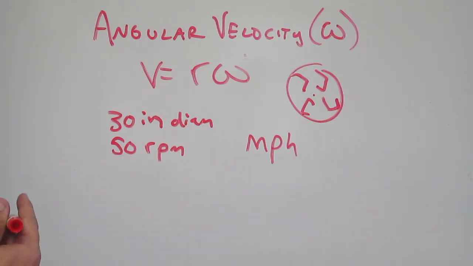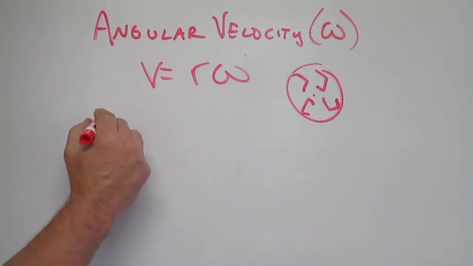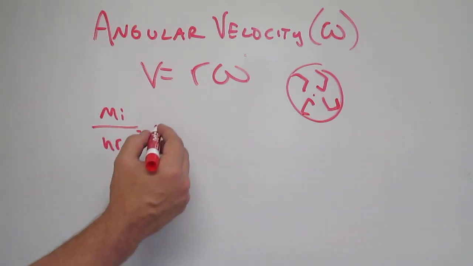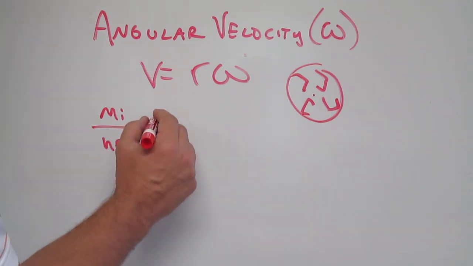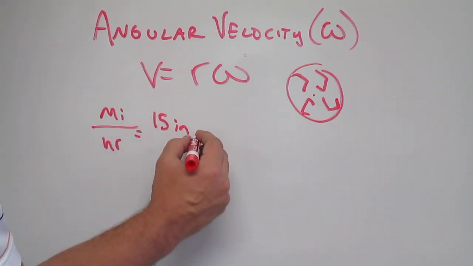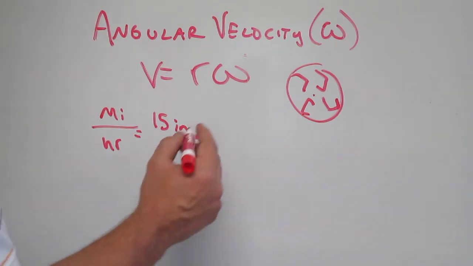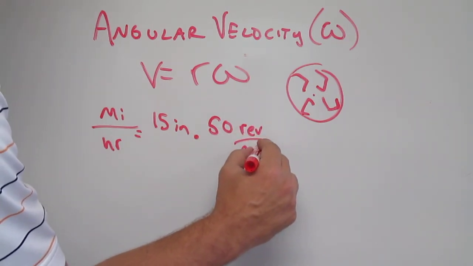Okay, so I'm going to erase those numbers and put them in again. So I'd say the velocity in miles per hour is equal to the radius. Now I said it was 30-inch diameter, so it's a 15-inch radius. And the angular velocity, I told you, was spinning at 50 revolutions per minute.